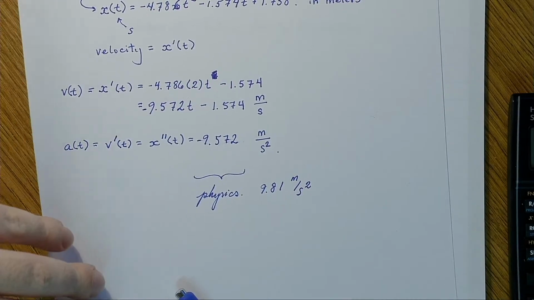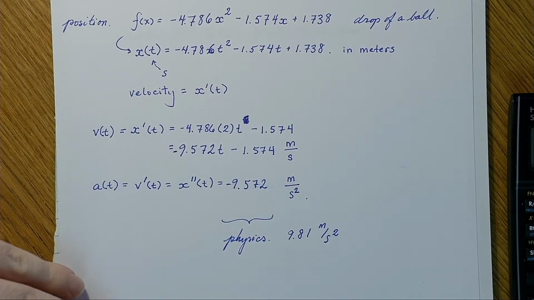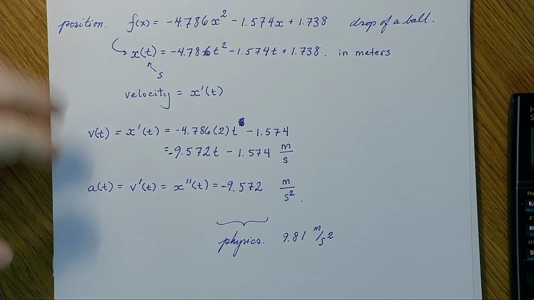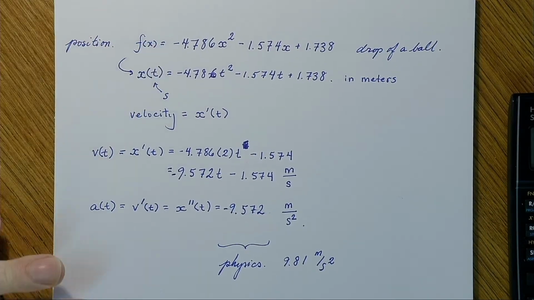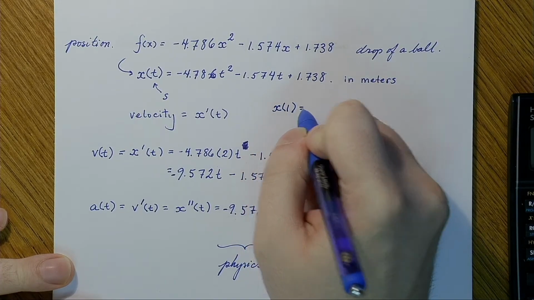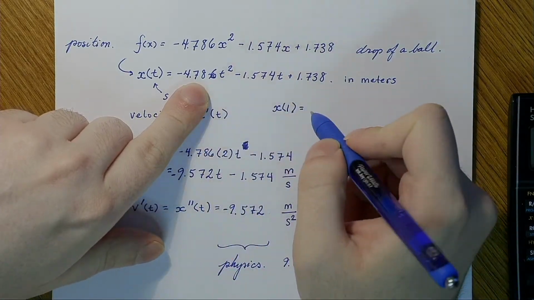What's also the nice part about that is when we do have a function like this, I am able to calculate what the height is at any point during this time interval. So if I want to find out what it was at 1 second, let's jump back to the paper. Well, then I just substitute the values in for 1.